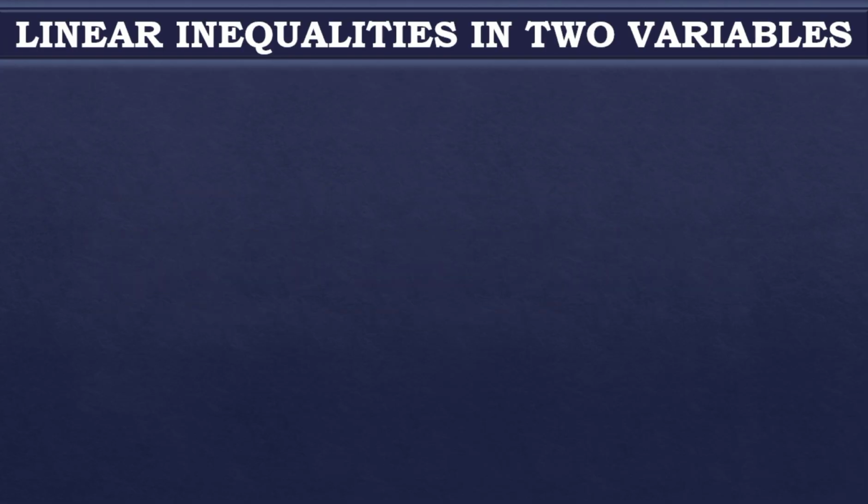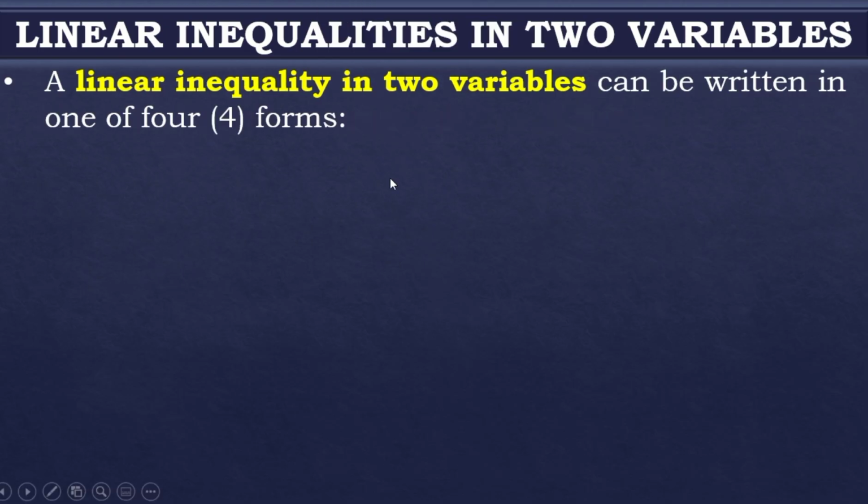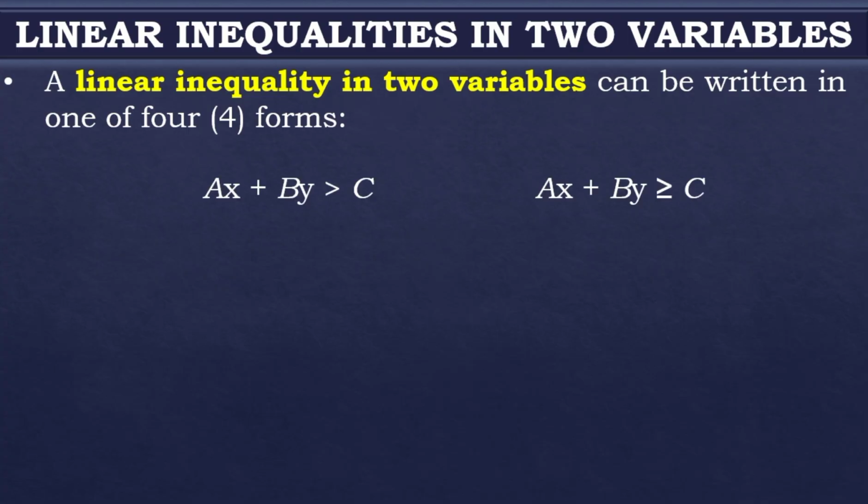So, let's discuss first the concept of linear inequalities in two variables na na-discuss ko na rin doon sa ating previous video tutorial. So, again, a linear inequality in two variables can be written in one of the four forms. So, ano-ano yung mga yon? So, again, this is just a review ha, kasi na-discuss na natin ito doon sa ating illustrating linear inequalities in two variables.